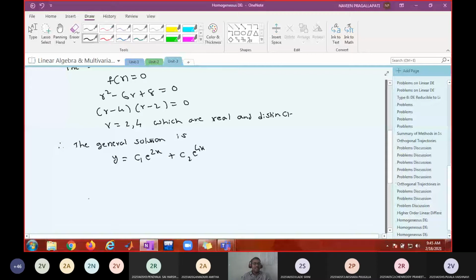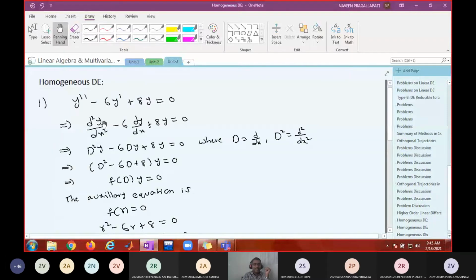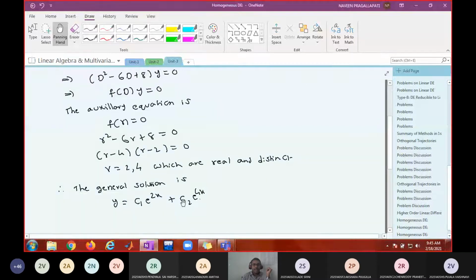Is this clear to all of you? Yes, sir. And what is the beauty in this process? This is a problem related to calculus, which involves derivatives. What we did, we changed the problem in calculus to a problem in algebra, and we gave back the solution to the problem in calculus.